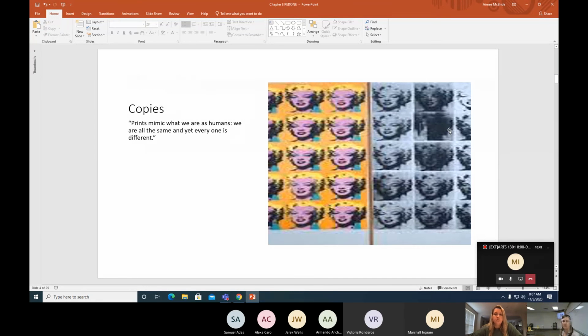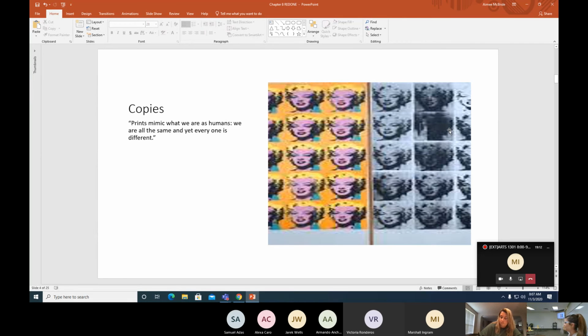So once again, the main purpose for printmaking is to make many, many copies. Once again, there's a fine line between too many copies and just the right amount. So if you make too many copies, your art value is going to go down. So you're going to want to make enough to make money off of, especially if you're someone like Andy Warhol.